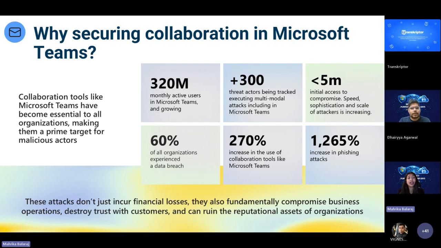Securing Teams is very essential because attackers have found it to be a valuable tool for targeting customers through phishing, fraud, and a lot of other malicious activities. Today we have over 300 known threat actors in Teams, and attacks within the service can happen in minutes with how instantaneous Teams is.